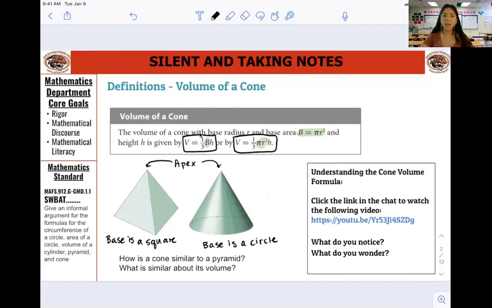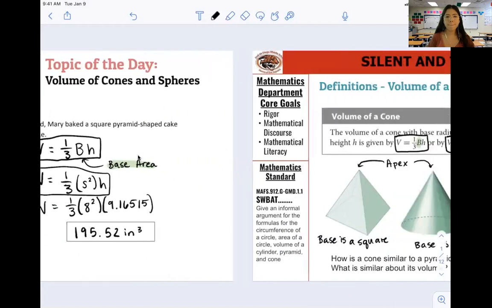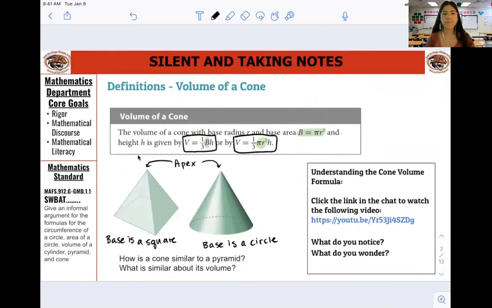They both start off the same, but when you fill it in for B, what's different? Since the base of a pyramid is a square, you would use the formula for the area of a square.